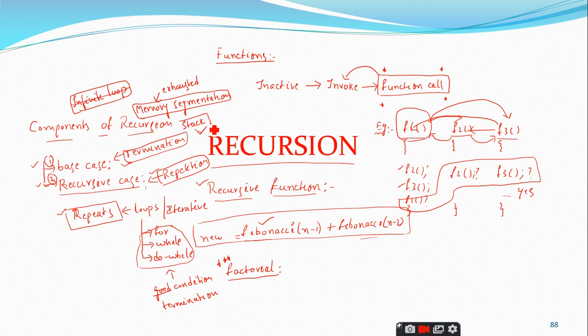I will also discuss this stack area. So recursion makes use of a memory area which we call the stack. If you did not specify the base case or the termination case properly, the entire memory will get occupied by the recursion.